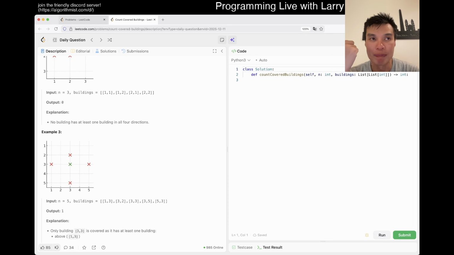That means each building can only be on the other side of another building 4 times. So that means it's going to be 4 times n in total for this sweep line. But of course, that's not the limiting factor.